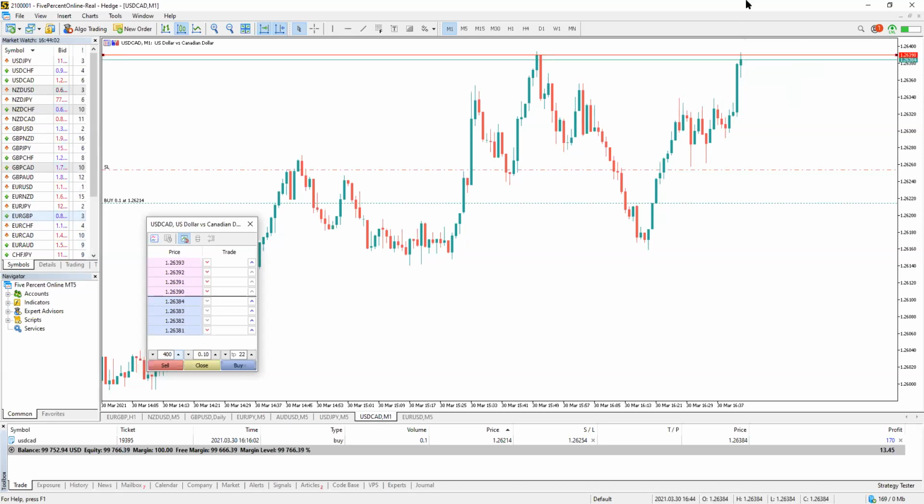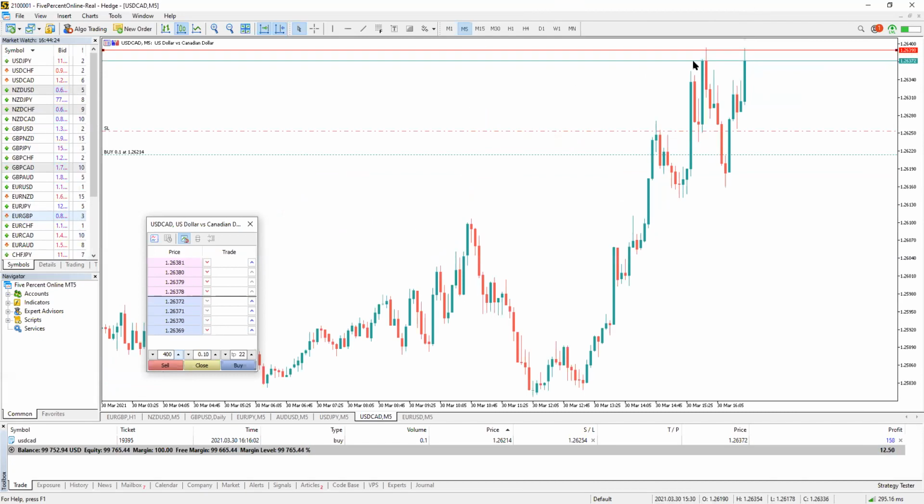So it will either penetrate it and we'll see a break now, or sellers will come in and push the market lower. Okay, you see how it's getting rejected right there?